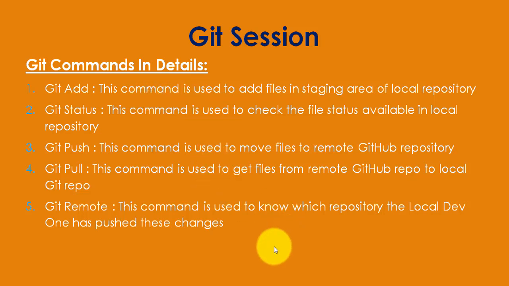Git status: this command is used to check the status of files in the local repository. Git push: this command is used to move files to the remote GitHub repository. Git pull: this command is used to get files from the remote GitHub repo to the local Git repo. And git remote: this command is used to know which repository local dev 1 or local dev 2 has pushed these changes to.